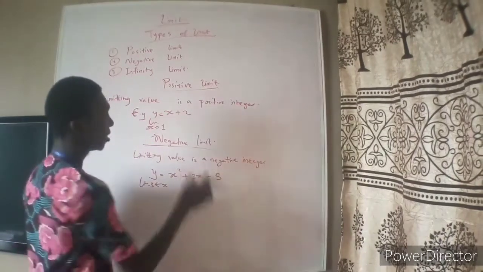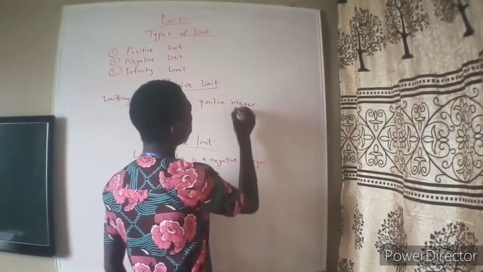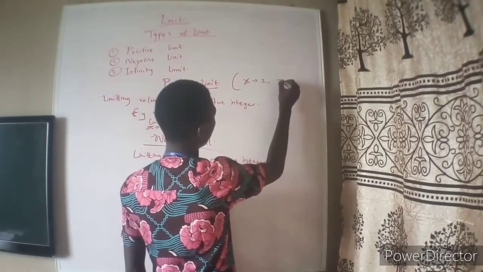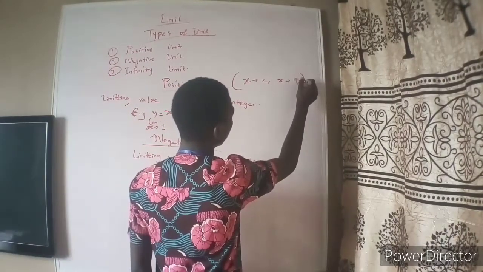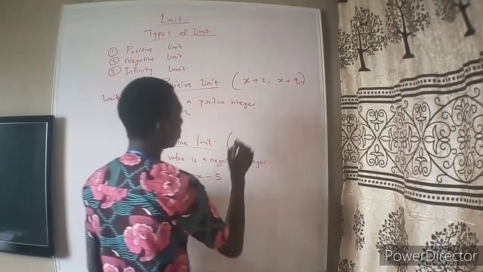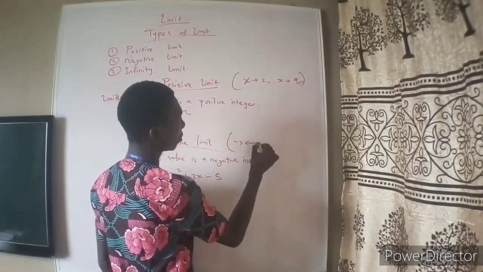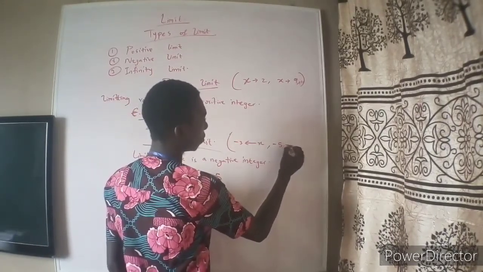Now there is one thing about negative integers. Here it is denoted as x tends to maybe 2, or maybe x tends to 9, etc. But in this case, it is like this. For instance, I have negative 3 now, negative 3. This is the way it is being written. So negative 5x.